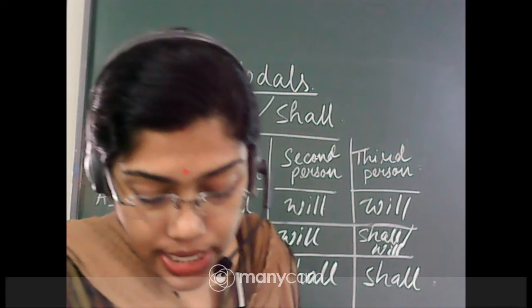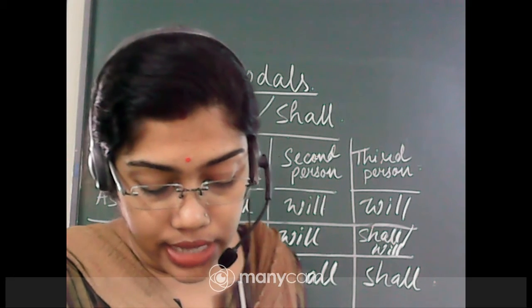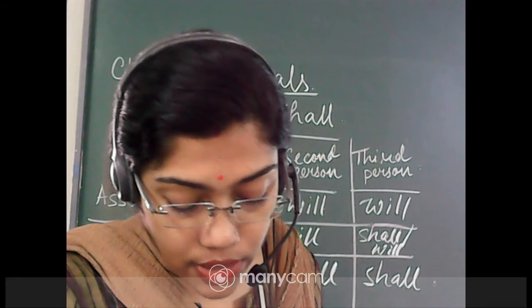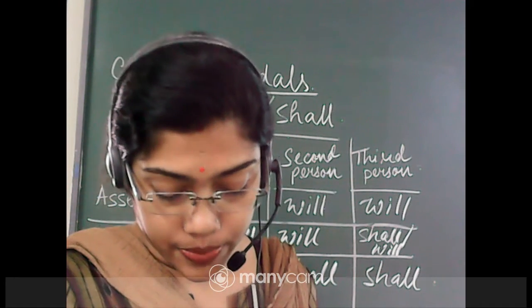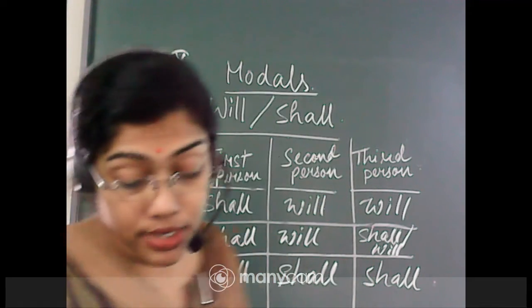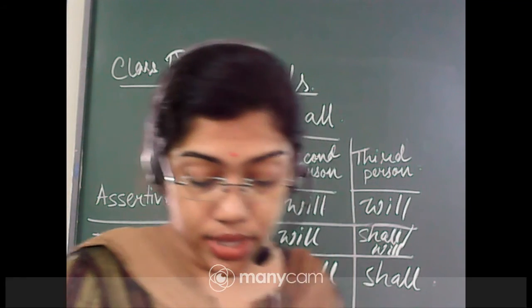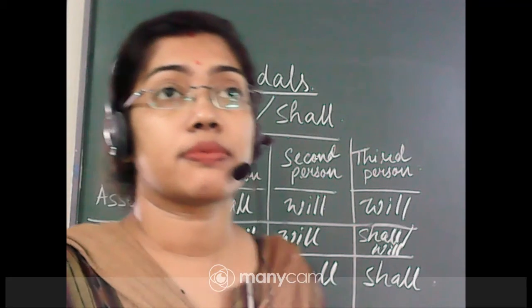All right. Next, number 6. You write down: You dash be punished for your misconduct.